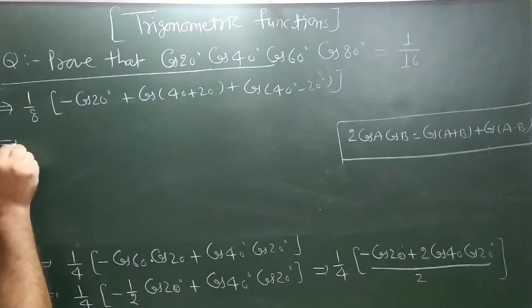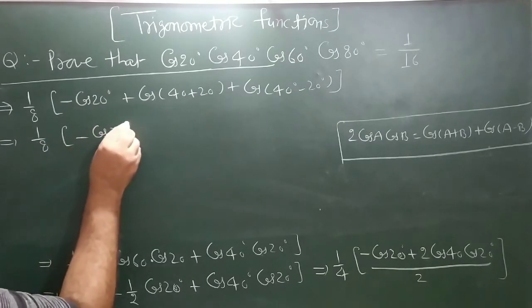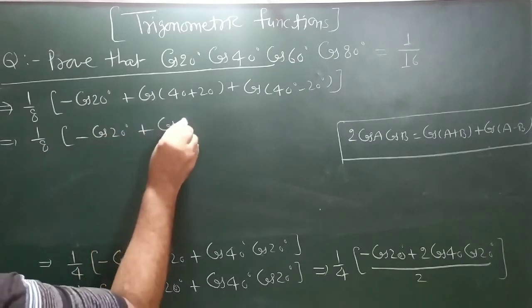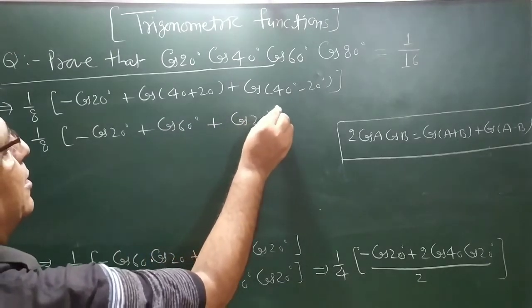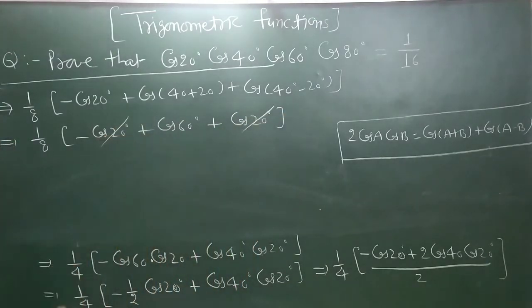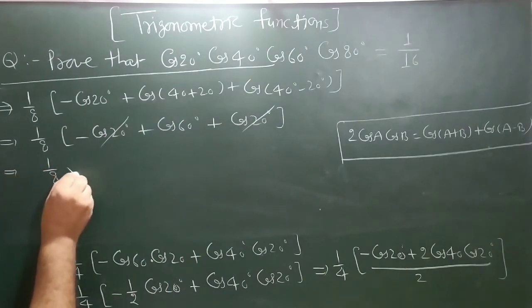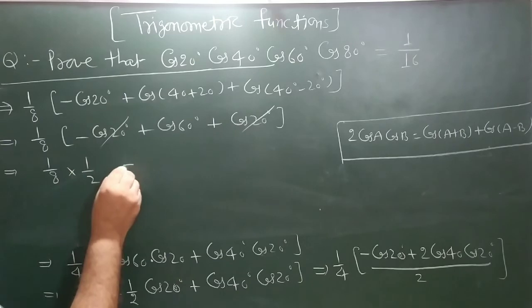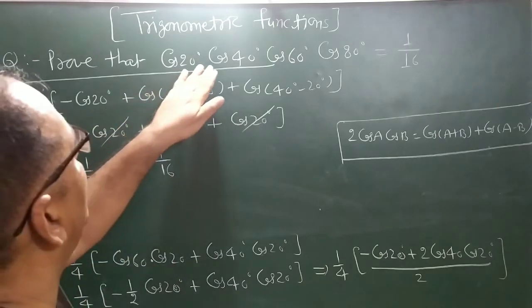So now this is 1 upon 8 minus cos 20 degree plus cos 60 degree, and again plus cos 20 degree. The first and last term cancel out with positive and negative sign. So now we have 1 upon 8 into 1 upon 2 is equal to 1 upon 16. So this is the proof of our question.